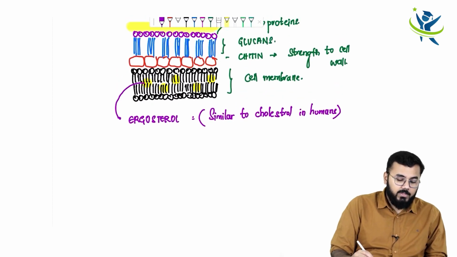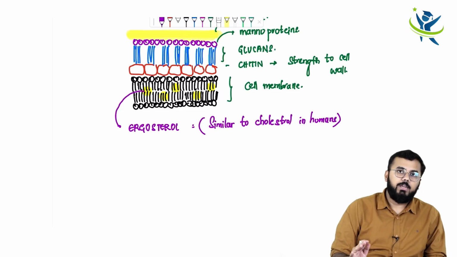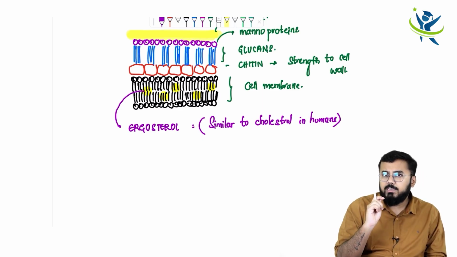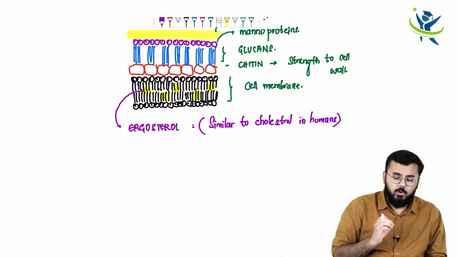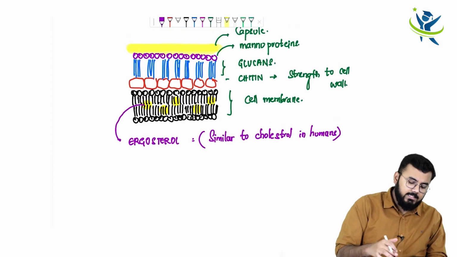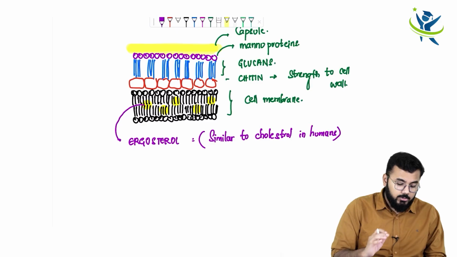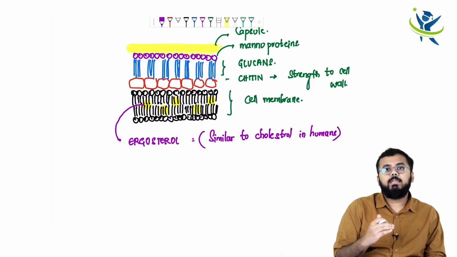Now whenever there is any kind of fungal infection, we give medications which will bind to ergosterol and inhibit the synthesis of ergosterol. If ergosterol synthesis is inhibited, then the entire cell membrane will definitely be damaged, because ergosterol is responsible for maintaining the cell membrane.